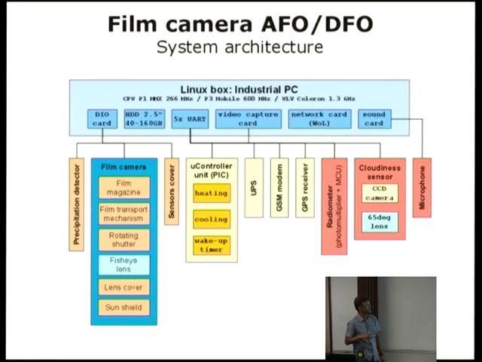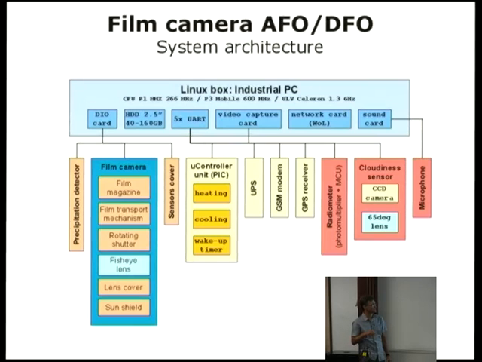Another component is the microcontroller, which runs all the time, while the PC is running only during the night. During the daytime, it's powered off, and the camera is in sleep mode to preserve some power, and also to protect the components from the heat. This unit controls the heating, cooling, and there is also a wake-up timer.